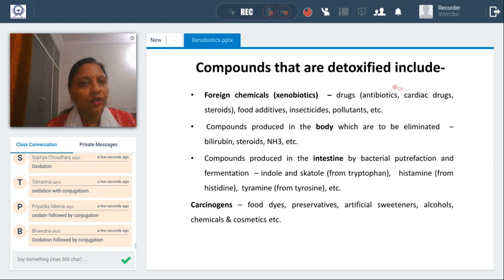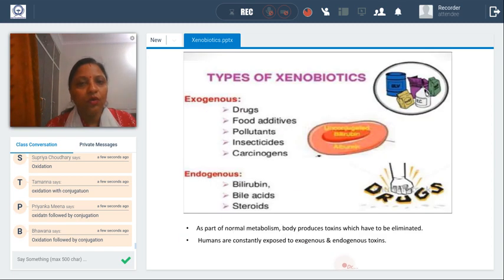Compounds that are detoxified include foreign compounds, compounds produced in the body which are to be eliminated like bilirubin, steroids, and compounds produced in the intestine by bacterial putrefaction or fermentation like indole, skatole, etc. These are categorized into two: exogenous and endogenous. Exogenous are drugs, food additives, pollutants, insecticides, carcinogens, and endogenous are bilirubin, bile acids, and steroids.